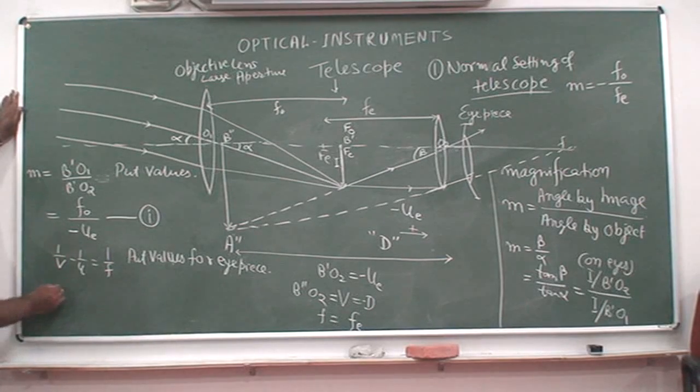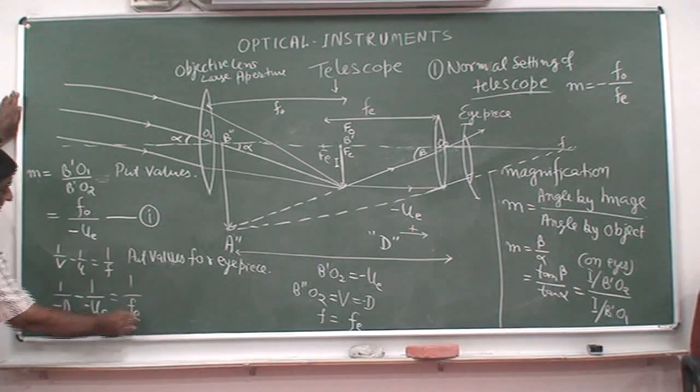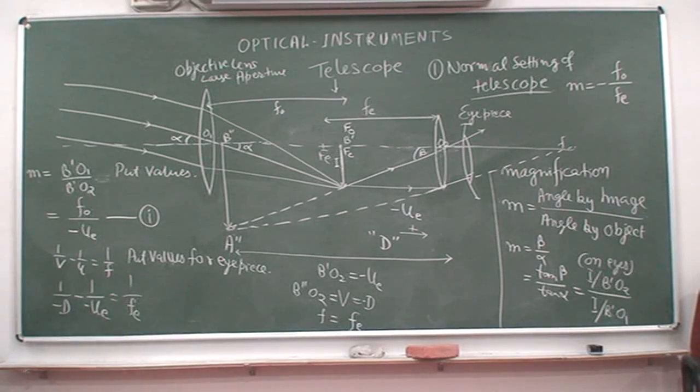So 1 upon V will be 1 upon minus D, minus 1 upon U will be 1 upon minus UE, equal to 1 upon FE. Now this minus and minus will be plus. We leave it here, transfer it on this side.